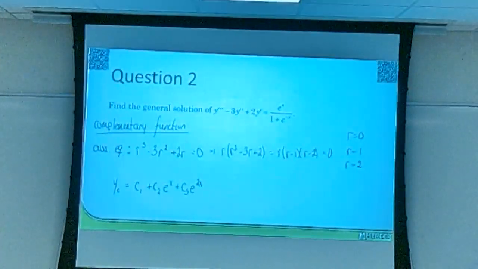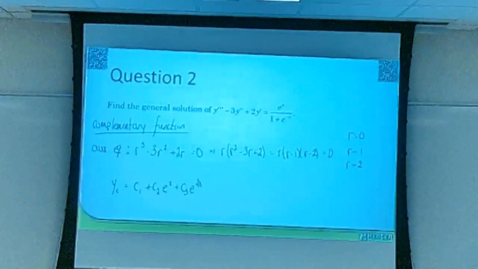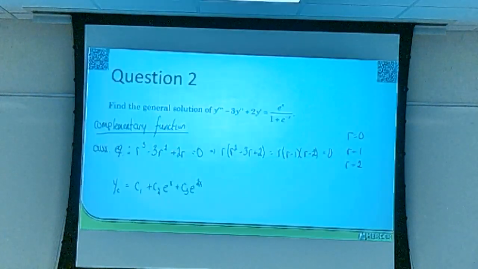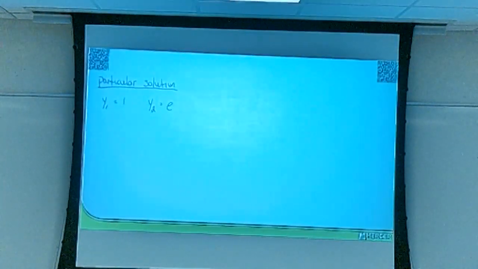For the particular solution, y1 was what? What's y1? 1. What's y2? e to the x. And what's y3? e to 2x.